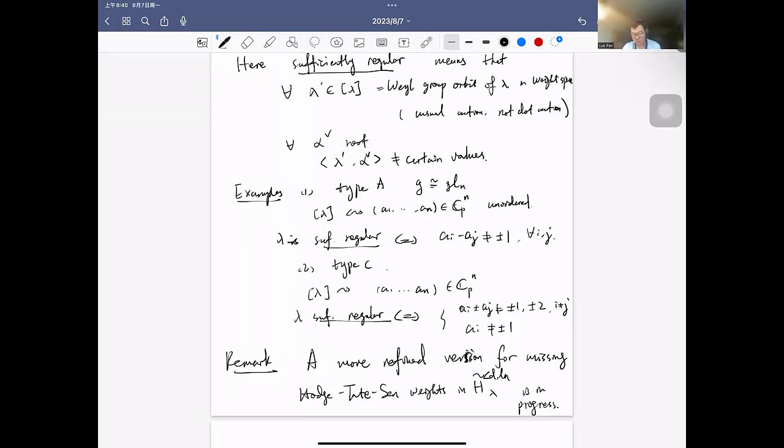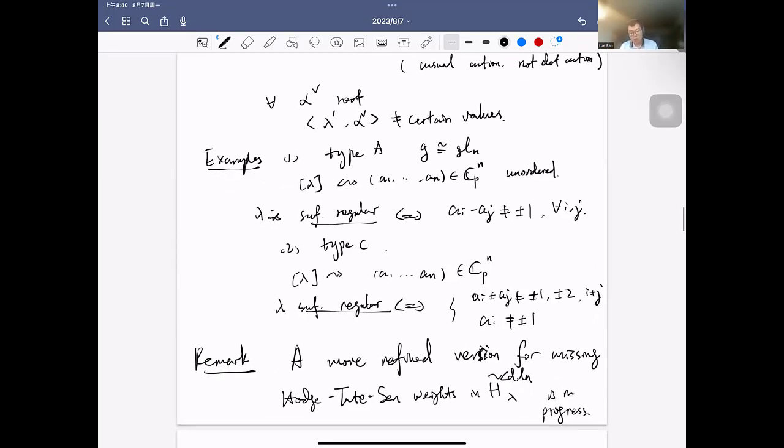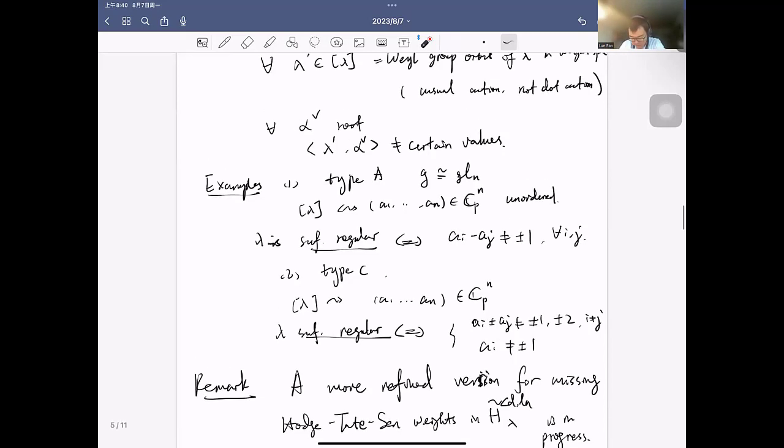We have some strategy, but we haven't really worked out all the details. But I just want to mention that for general weights, if we do not impose this sufficiently regular condition, it can happen that we do have cohomology below the middle degree, but we still have the same phenomenon that you won't see all the Hodge-Tate weights. Given a Hodge-Tate weight, a priori you will have a vanishing range for these Hodge-Tate weights. So this is a statement of the result.